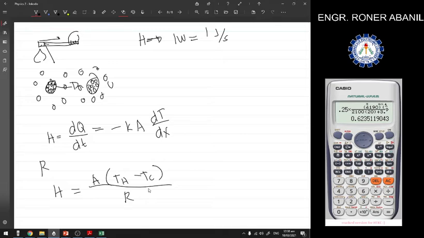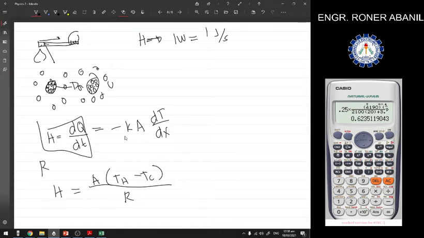So, comparing this to the equation na, so, i-compare natin to dito sa equation na to, no?